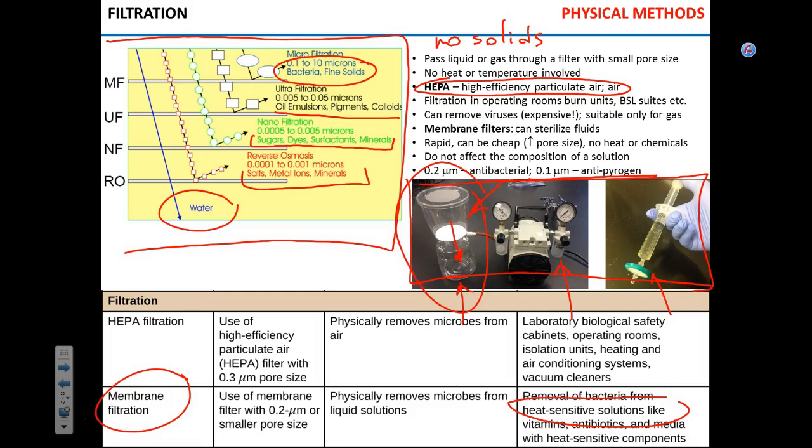Does that make sense? And sodium chloride is not going to go anywhere. Now, if you need to do the same with a solution of some kind of a drug, say an antibiotic, that is heat sensitive, you cannot autoclave it because the antibiotic will degrade at the higher temperature. In this case, filtration is an option. Does that make sense?